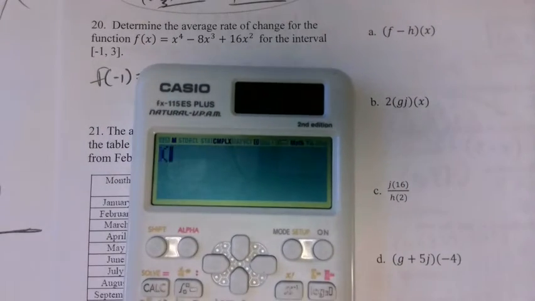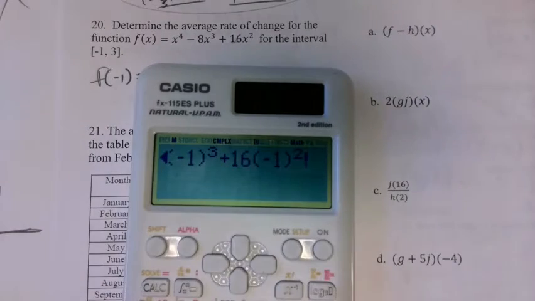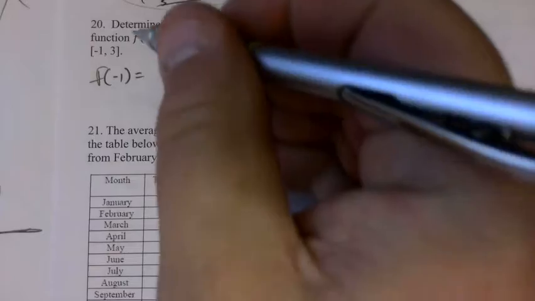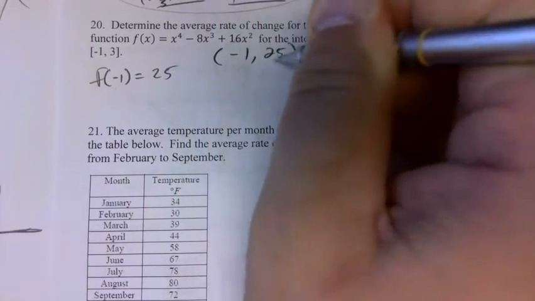I go parenthesis -1, parenthesis to the fourth, minus 8 times, in parentheses, -1 to the power of 3, and then plus 16 times -1 squared. So I just typed that whole function in my calculator, but I put in a -1, and I'm going to press equals, and it gives me 25. So now I have the point -1 and 25.